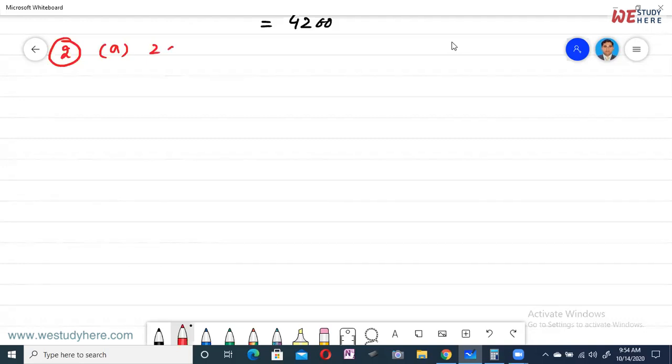We need to write it in factorial form. 2 into 1, you know, is the product of the first two positive integers, meaning 2 factorial. Then part B here is 6 into 5 into 4 into 3 into 2 into 1, and that will be 6 factorial.